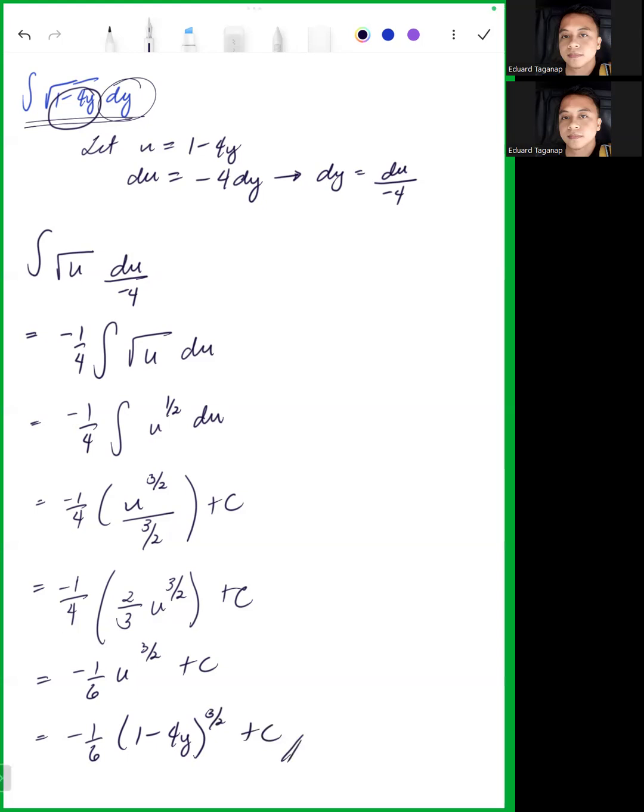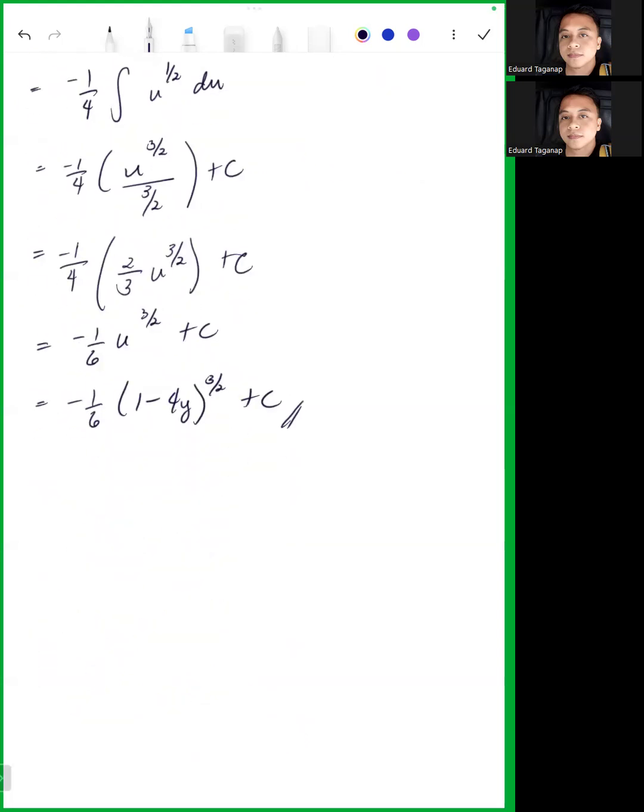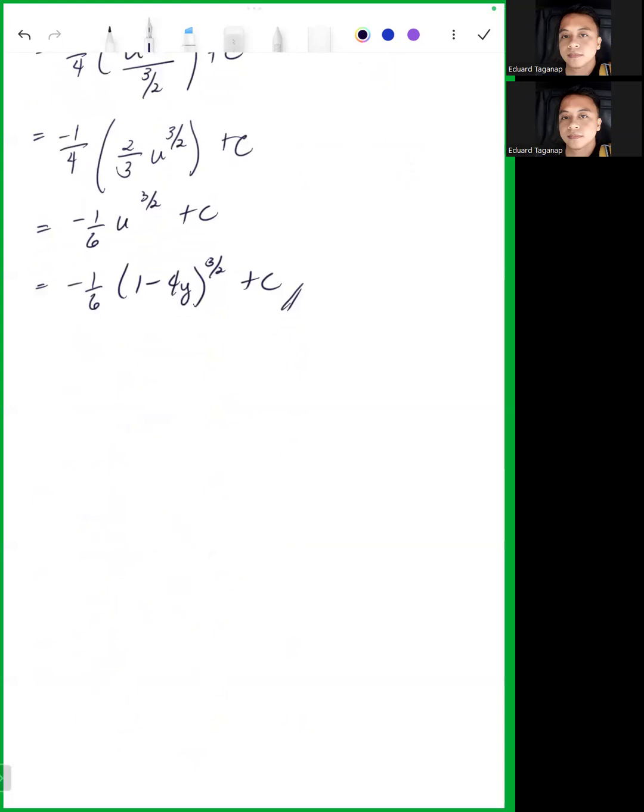For number 2, what's our given? The given in number 2 is the integral of the cube root of 3x minus 4 dx. So what are we going to let as a new variable here?